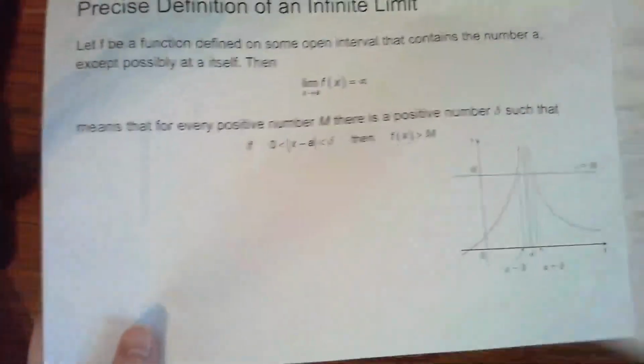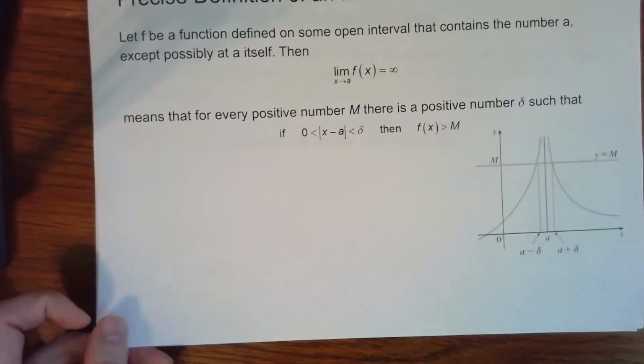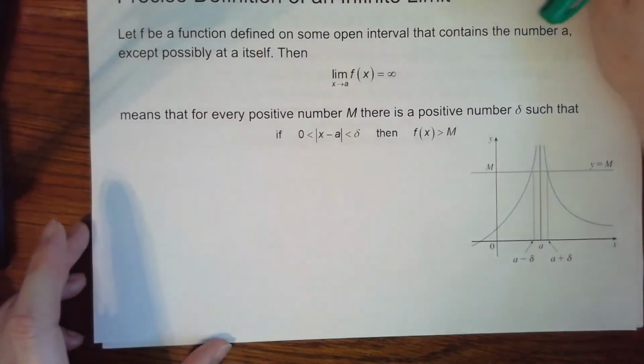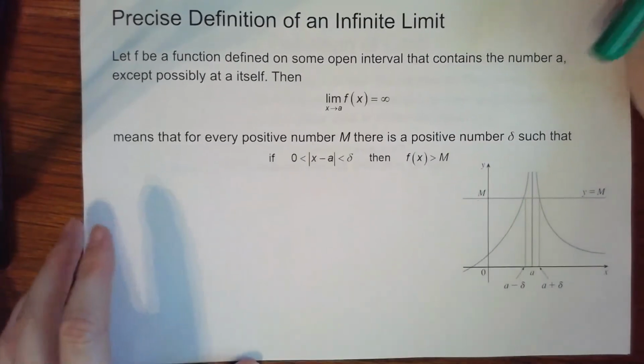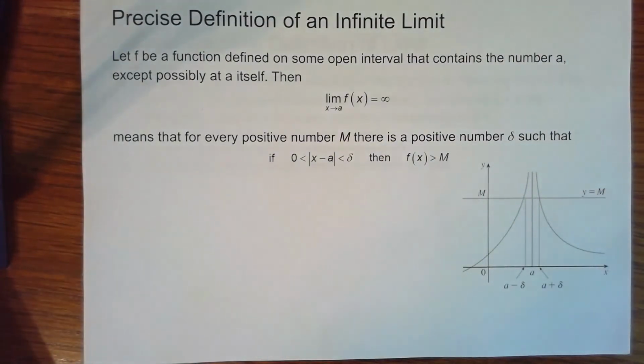All right, the last thing we want to look at is an infinite limit, so limits that go to infinity and eventually to negative infinity. You'll notice that it's slightly different because there is no epsilon in this definition. So let f be a function defined on an open interval that contains the number a, except it might not be defined at a itself.